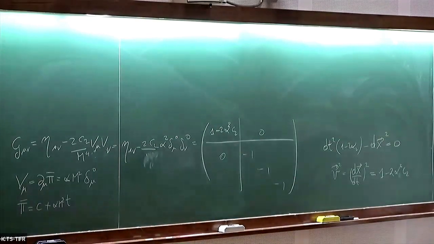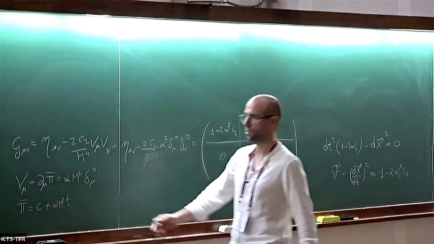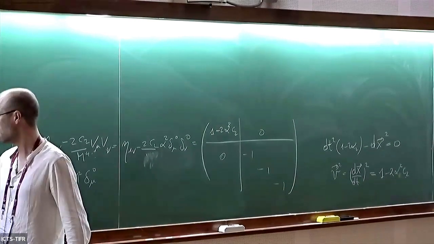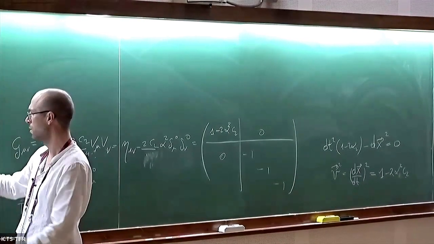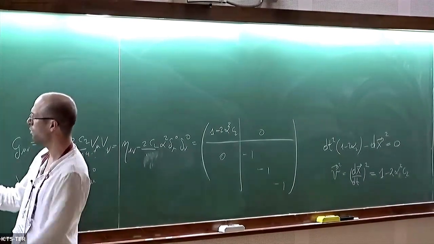So you see that indeed, if C2 is positive, you travel at a lower speed than 1. If instead it is negative, you travel superluminal, as I was saying here. If C2 is negative, you broaden your cone. Instead, if C2 is positive, you go inside.